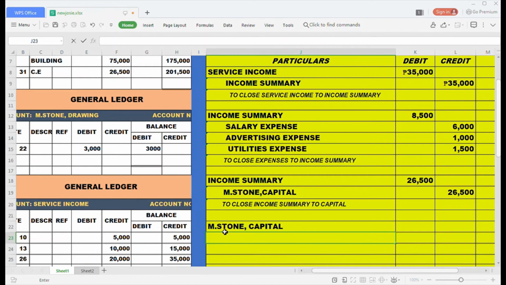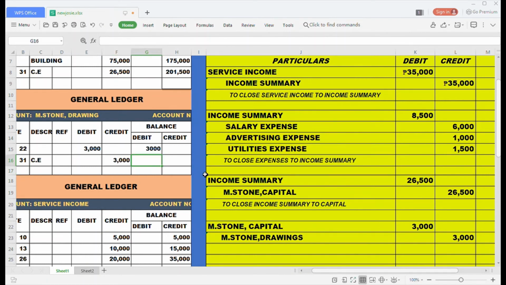So, ma-zero natin siya. So, let's do the opposite action. Okay, so this is M-Stone drawing. Okay, so this is 3,000 and our capital is 3,000. We are going to close drawing. So this is December 31, closing entries, and credit 3,000.